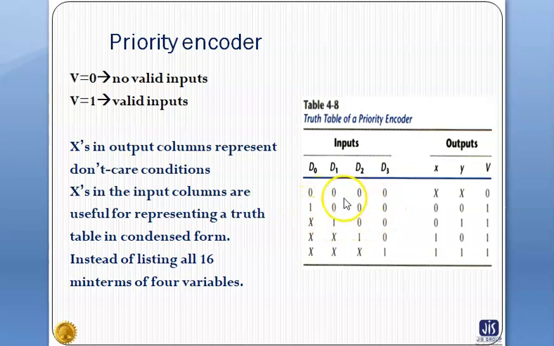Only this condition shows the output 0 0. Similarly, D2 has higher priority than D1 and D0, but lower priority than D3. Therefore, the output would be 1 0 only when D2 is high and D3 is low. D0 and D1 are don't care.